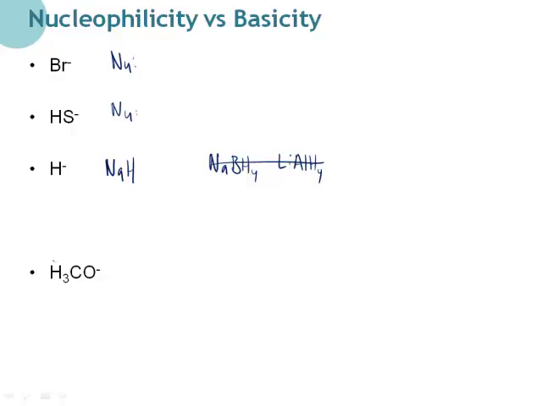Next we get to these alkoxide species, and they are charged, but they're not that small, they're not that polarizable, and on the basic side of things, the pKa of their conjugate acid is relatively high. So they fit the profile for both the nucleophile and the base. And often when you have these species around, there's going to be a competition between both the elimination and the substitution pathways.